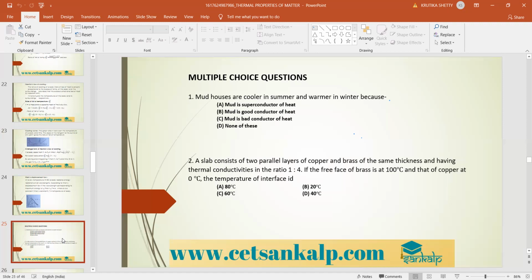So how are you going to do this, students? We know that when two rods are connected in parallel, we use a formula.